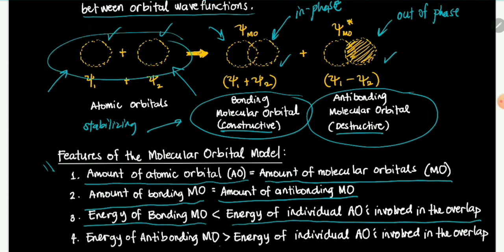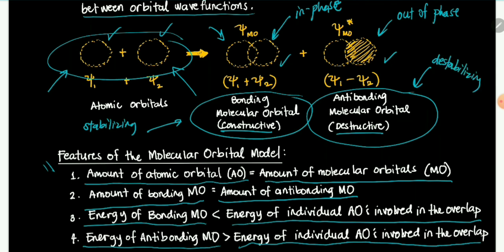Okay? So, the energy of the antibonding MO naman should be greater than the energy of the individual atomic orbitals. So, ang effect naman nito ay destabilizing. Okay? So, since destabilizing siya, mas mataas yung energy niya kaysa dun sa individual atomic orbitals. Okay? So, that's for the features of the molecular orbital model.